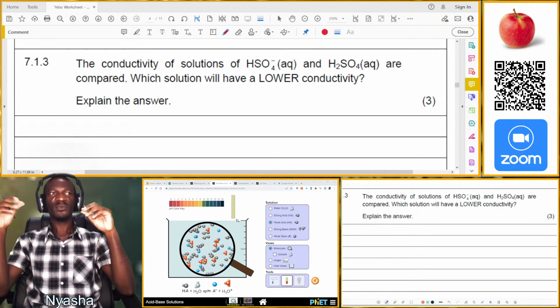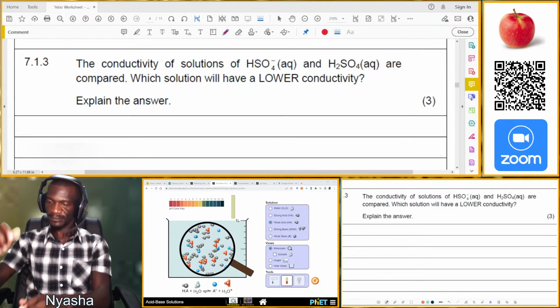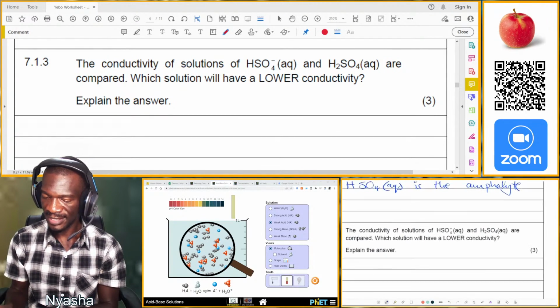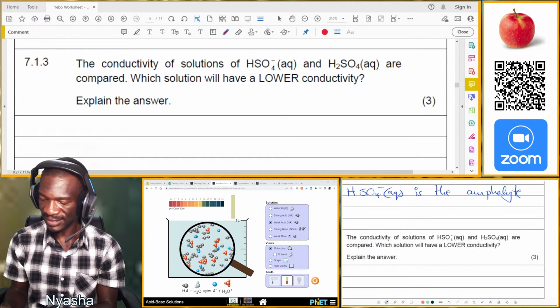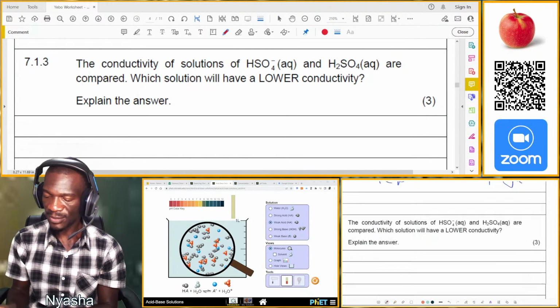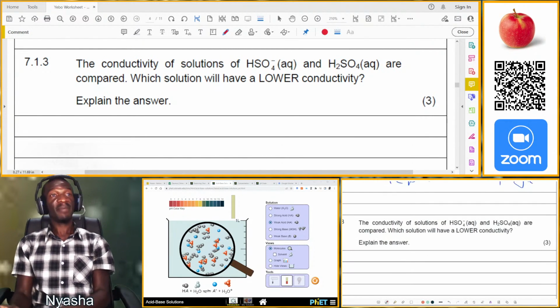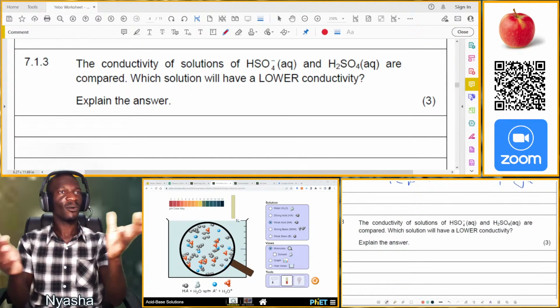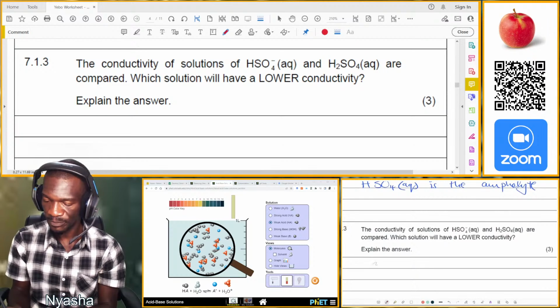Which solution will have a lower conductivity? Right. So obviously, the first thing is you need to find out what conductivity is and how conductivity depends on the presence or absence of ions in these solutions. So this is the question that you need to ask yourself.